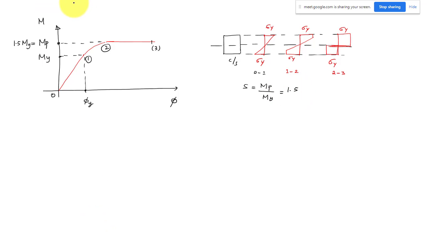This is the same thing whatever we have discussed in the previous slide, the M-phi curve, moment curvature relation. I can make it non-dimensional.